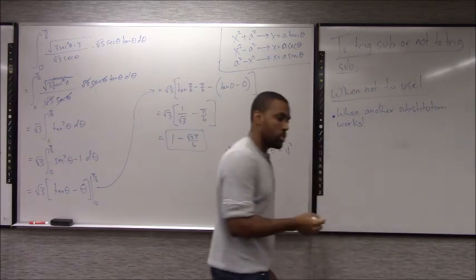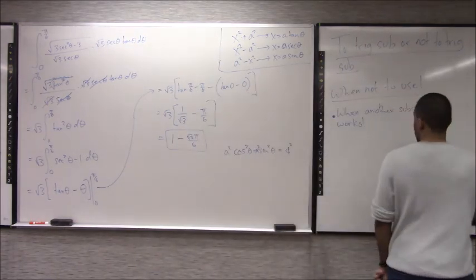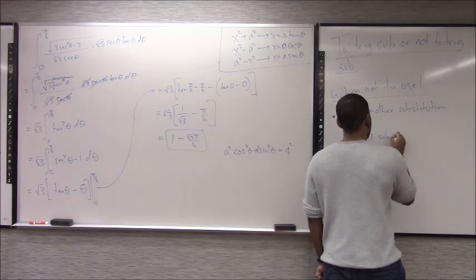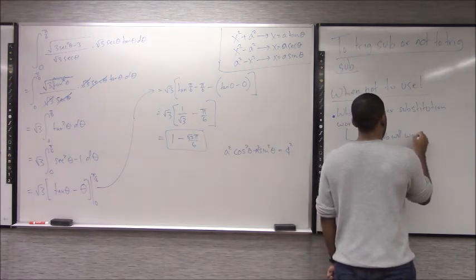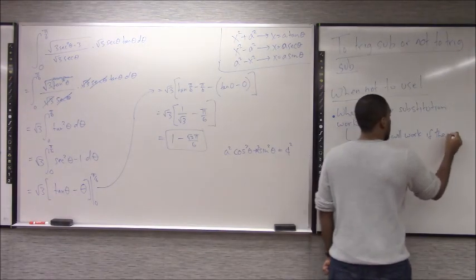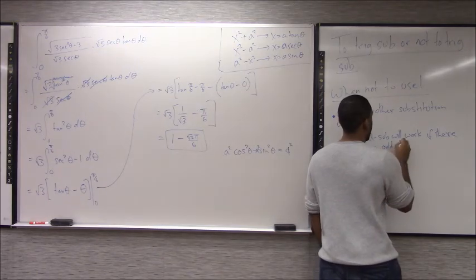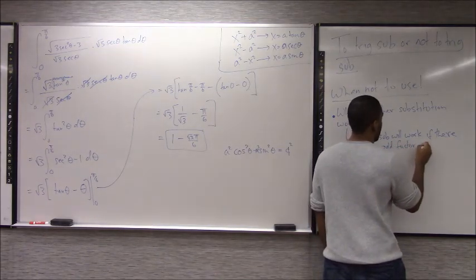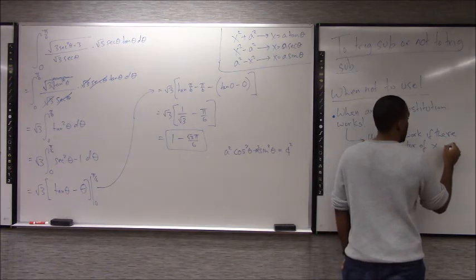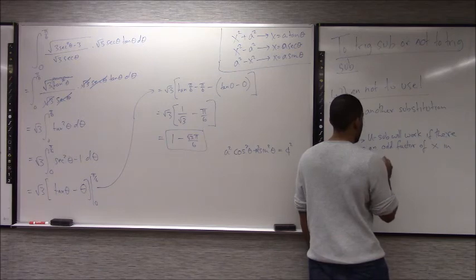Essentially, when another substitution works, don't use trig sub. How do you know if another substitution will work? There are two cases. U sub will work if there is an odd factor of x in the function.